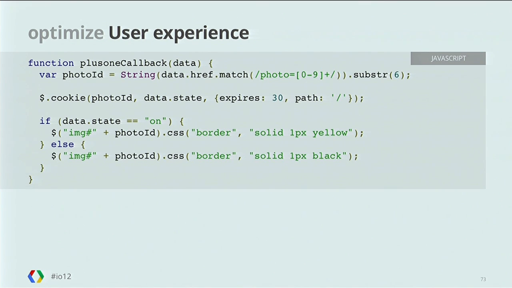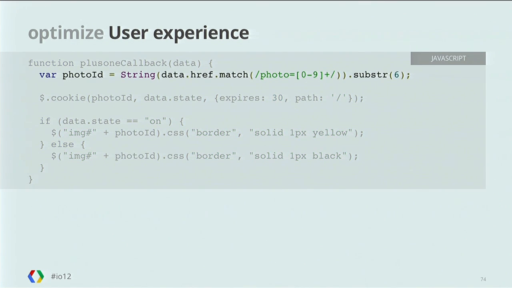The first thing I do on this particular site is I get the ID of the photo, which I'm actually just pulling from the URL. I then set a cookie. And then finally, if the state is on, oh, it's yellow here. I changed it to red. But either way, I'm setting a border on the image.